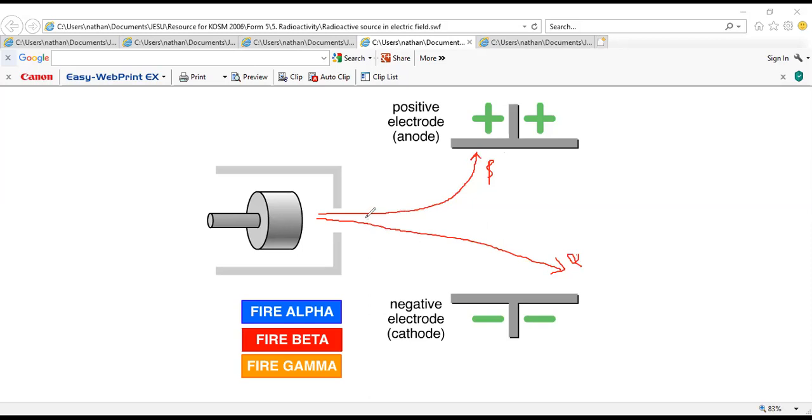Gamma will travel in a straight line, because gamma has no charge. So gamma won't be deflected.